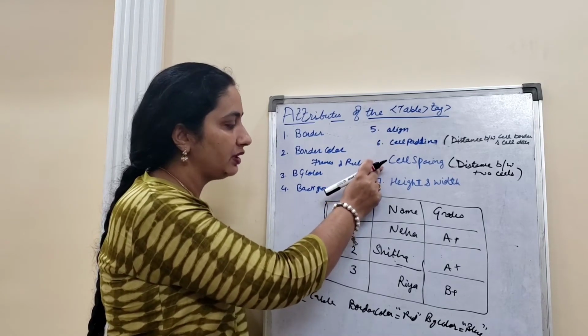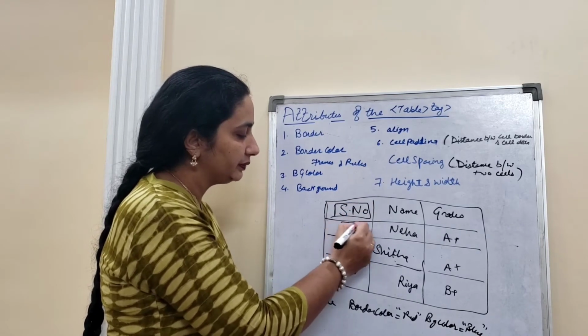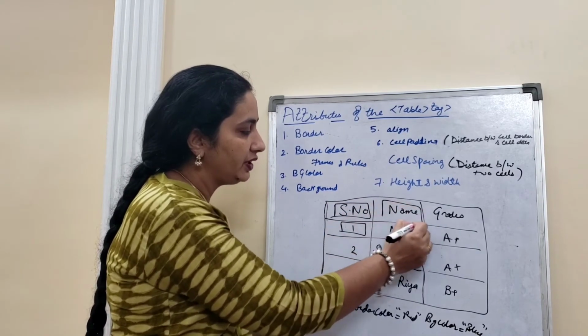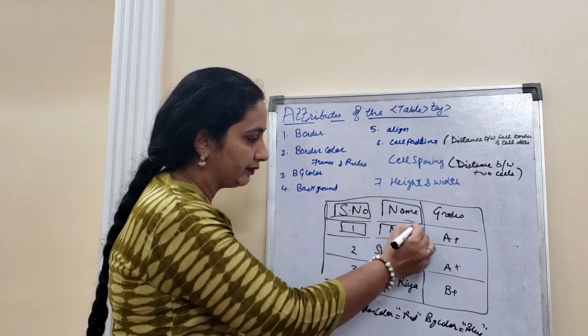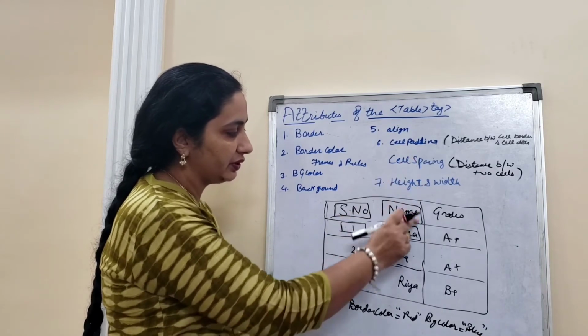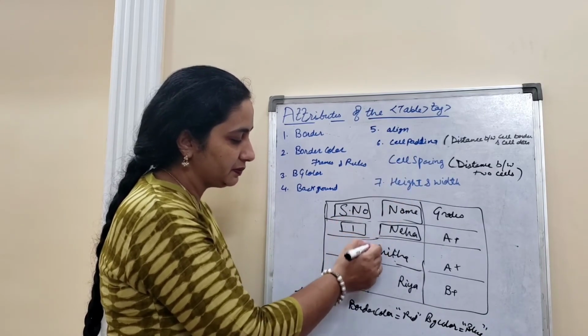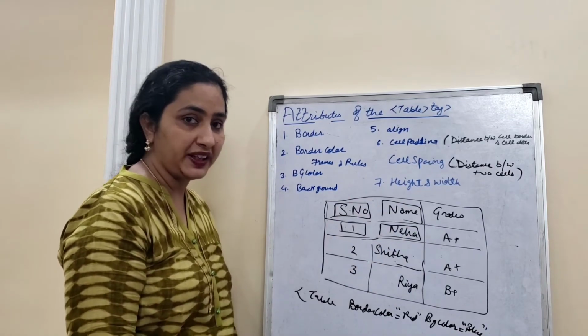And cell spacing you use when you want a certain distance between these two cells. At that time you use cell spacing. Could you see the difference? This is a simple table. This is when you are using cell spacing and cell padding.